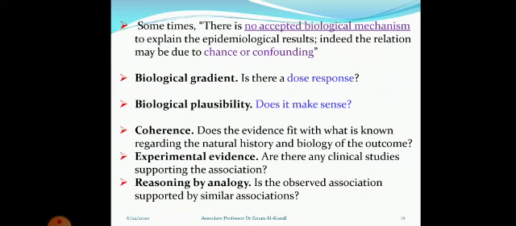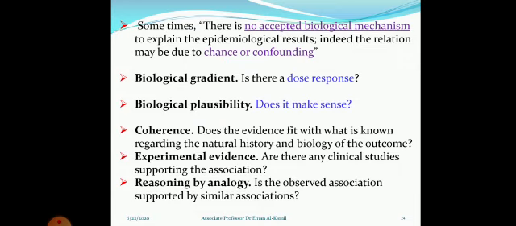Sometimes there is no accepted biological mechanism to explain the epidemiological result. Indeed, the relation may be due to chance or a confounding variable. The biological gradient is the dose response: how much is the exposure. It measures the dose of exposure, while biological plausibility asks, does it make sense?